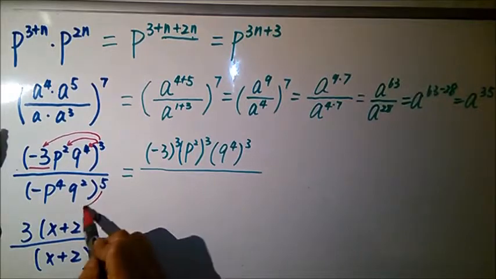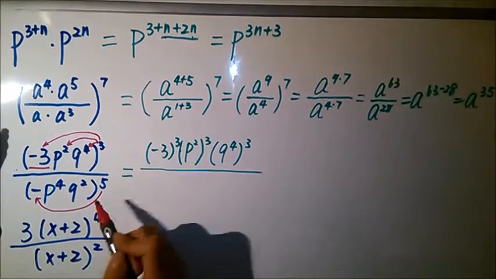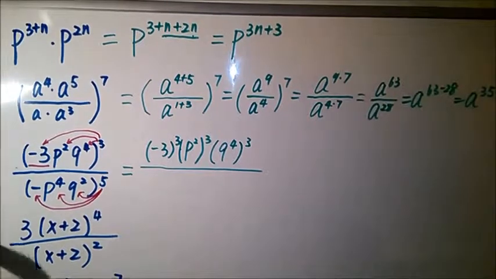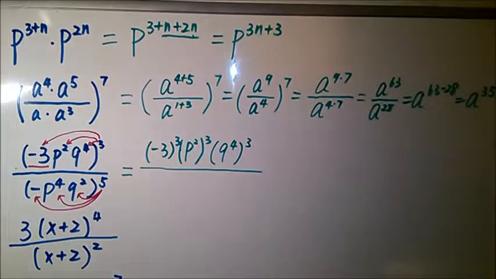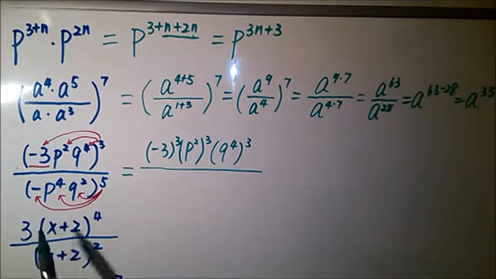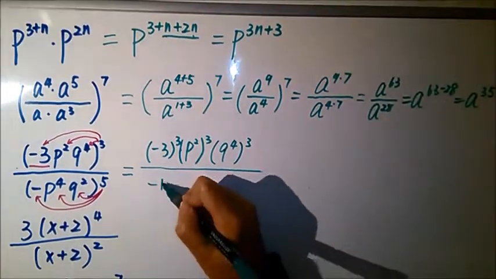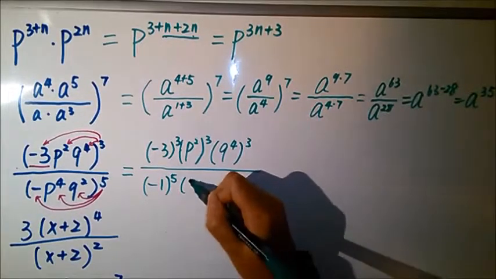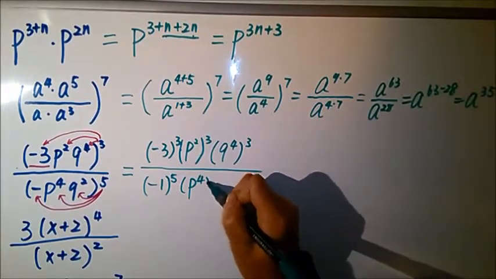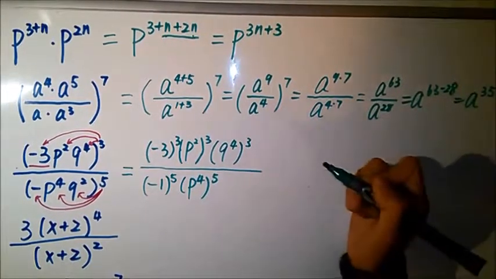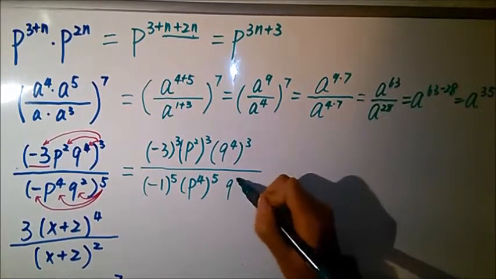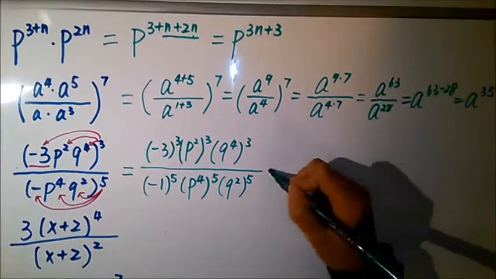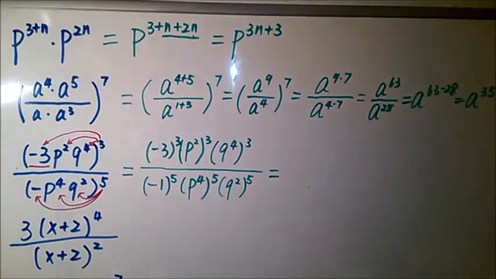So 5 is going to be put into all the things inside. So we're going to have negative 1 to the power of 5. Good. And then times p to the 4th power to the power of 5 times q to the 2nd power to the power of 5. Okay, let's go back to the numerator, and I'm going to simplify this further.